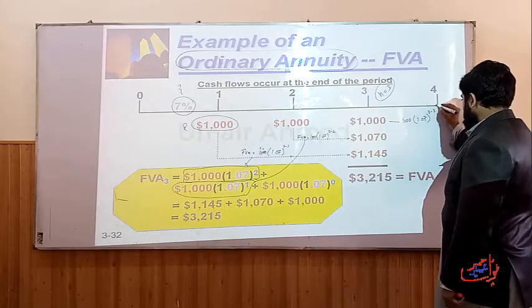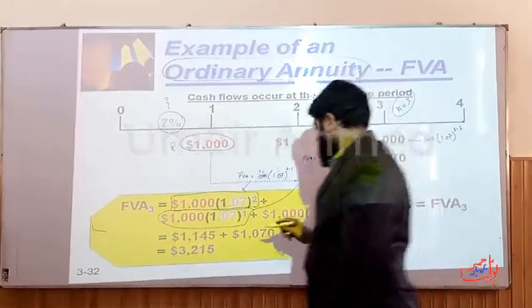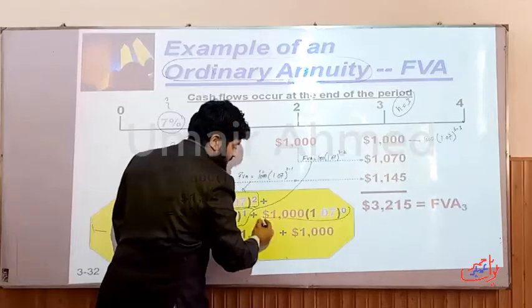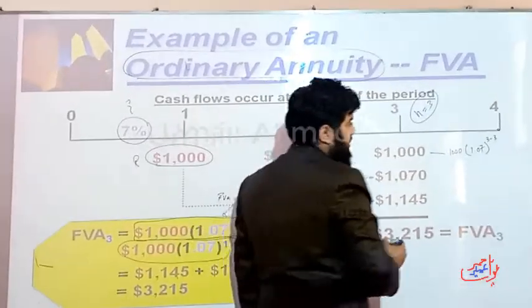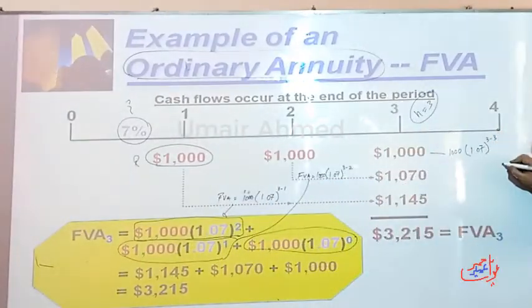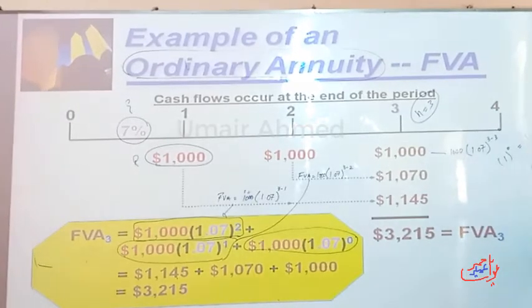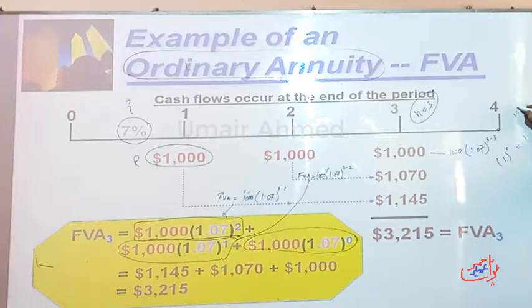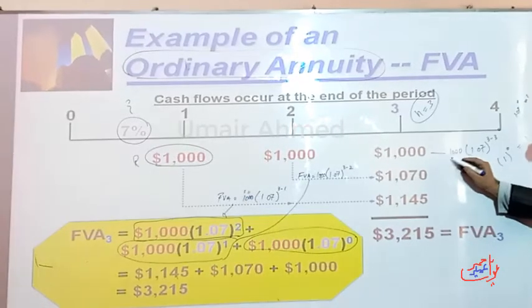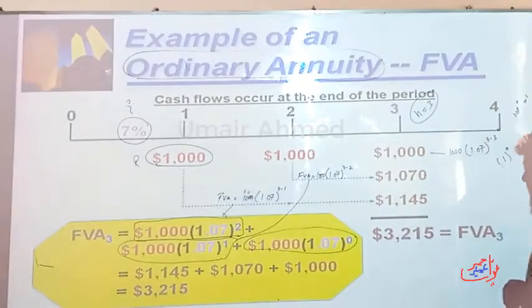So it becomes 0 like this. And if 1.07 has a power of 0, it will be equal to 1. So 1 multiplied by 1000 will be equal to 1000.